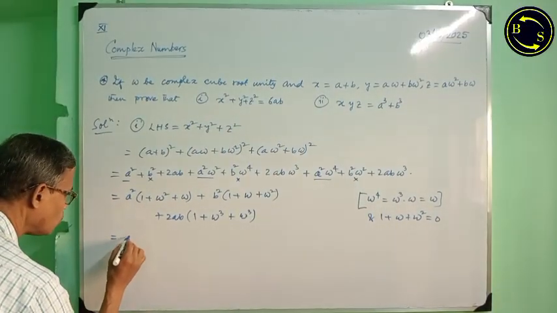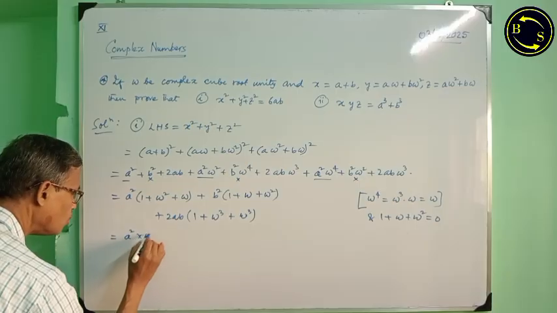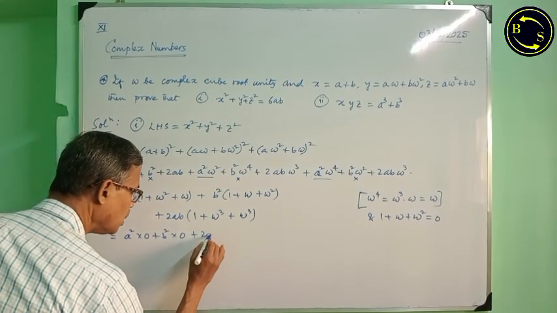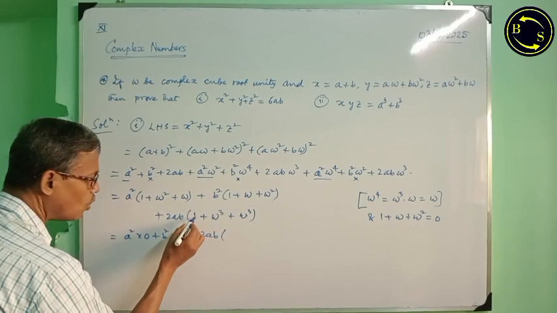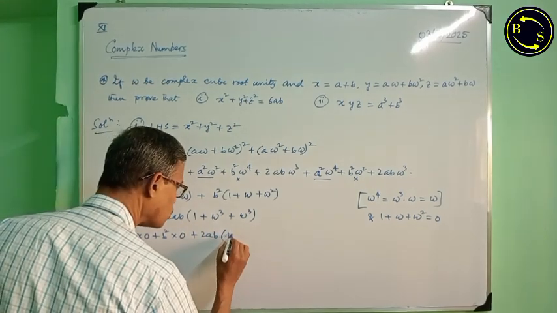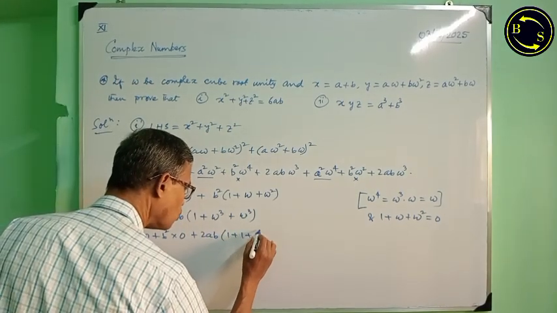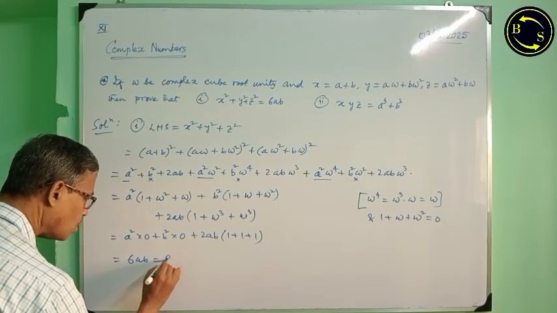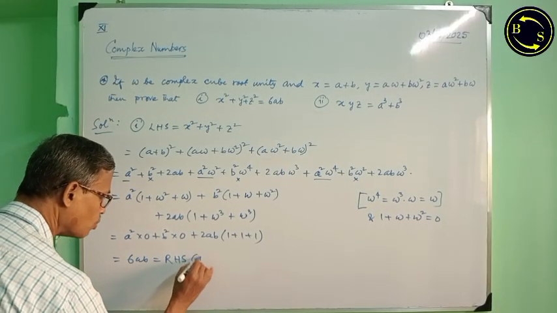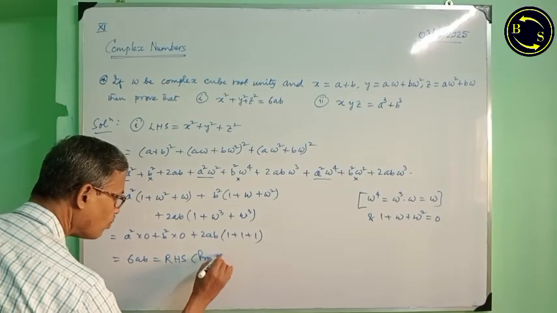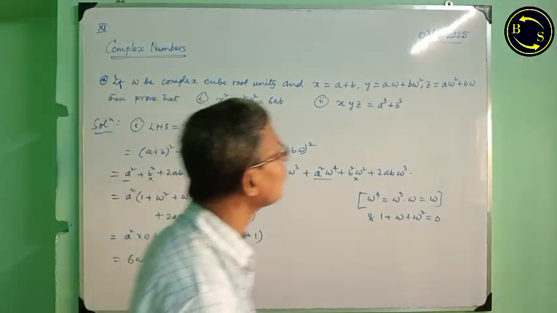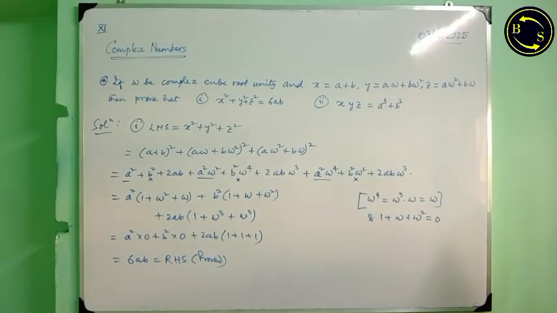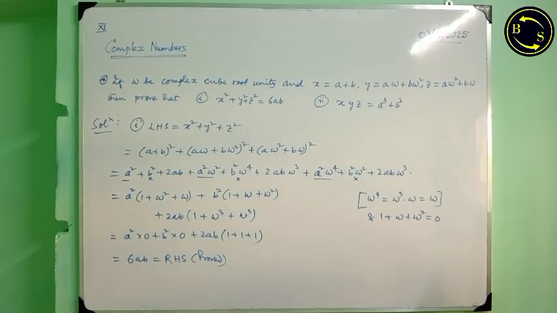Therefore this is equal to a square into 0 plus b square into 0 plus 2ab into, 1 plus omega cube is also 1, that is 1 plus 1 plus 1, which is equal to 6ab. RHS proved. You follow?